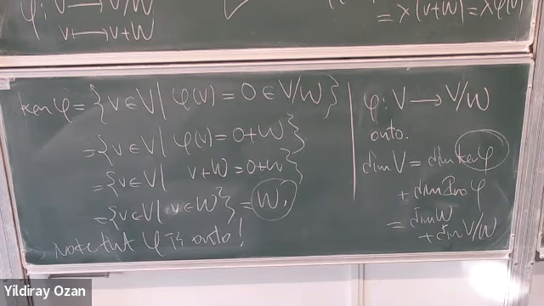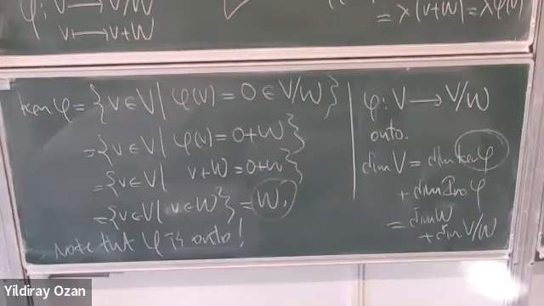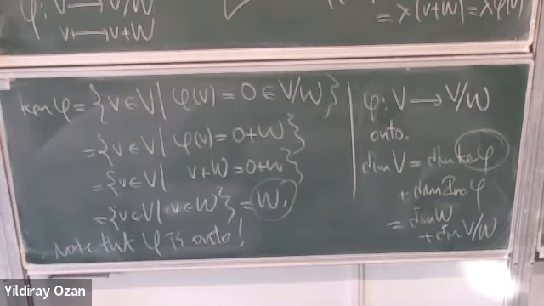Of course, for this to be meaningful, this number should be finite. If it is finite, this is finite because it is a subspace. Otherwise, this equation doesn't make sense. But there are many quotient spaces where V and W are both infinite dimensional, but the quotient is finite dimensional.